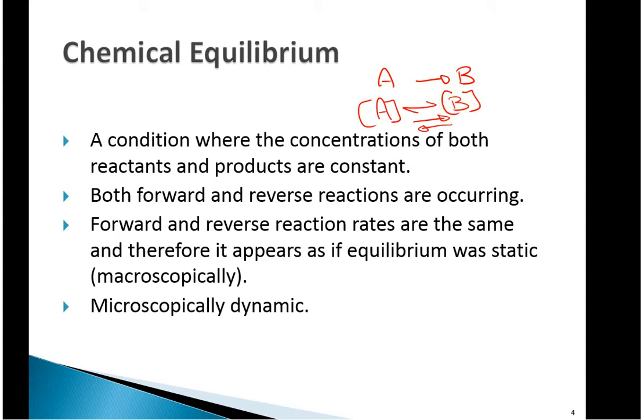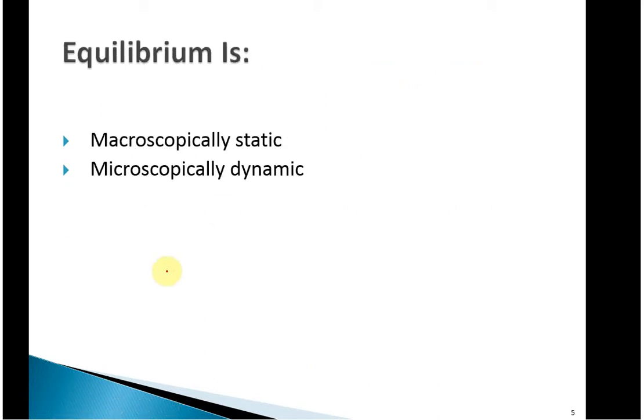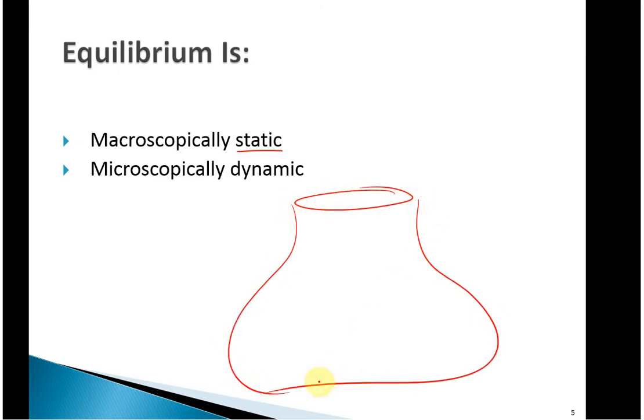Now, microscopically, equilibrium is pretty dynamic. You have A turning to B and B turning to A. You have reactants reacting to make products, products reacting to remake reactants continuously. It's always going on. Meanwhile, on a macroscopic level, it's going to stay pretty static. In a flask, it's going to look as if nothing is happening.